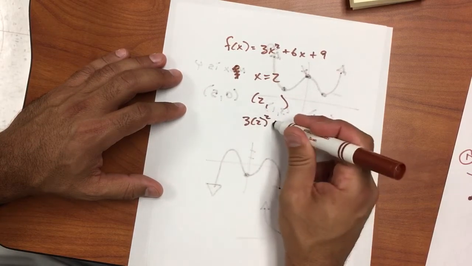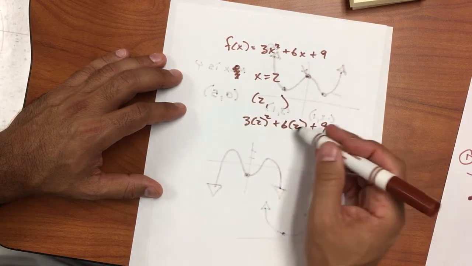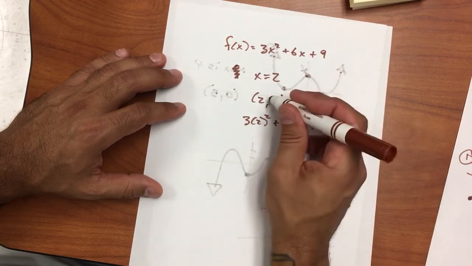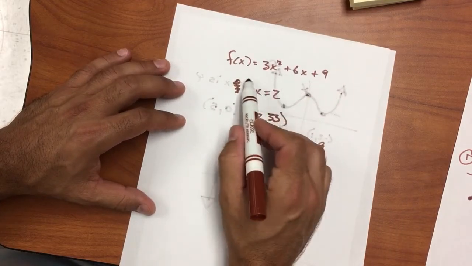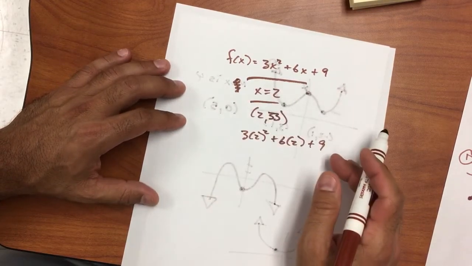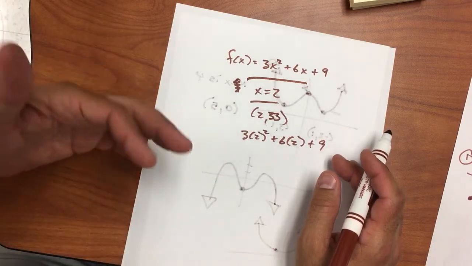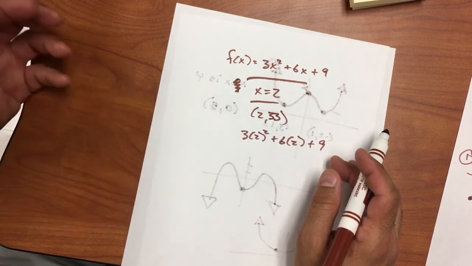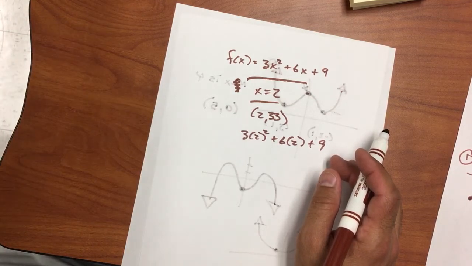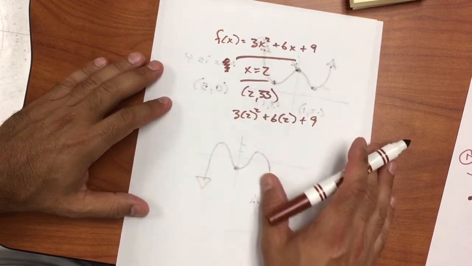So 2 squared plus 6 times 2 plus 9. It's 4, 12, 12, 24, 33. So that's really it. If I give you a function and a value for the x, or the f of x at that value, then you just need to see what the other one would be. But I probably won't do that. So let's just worry about it this way.